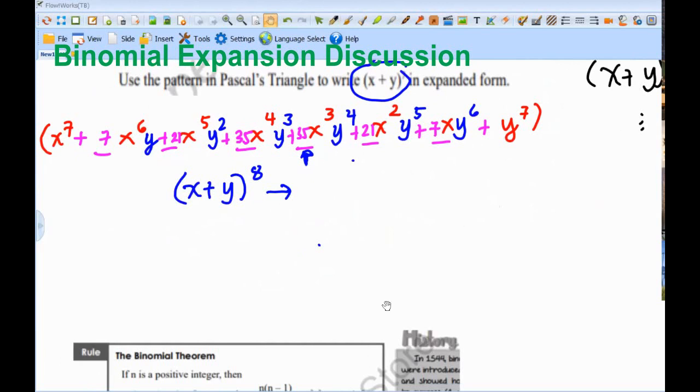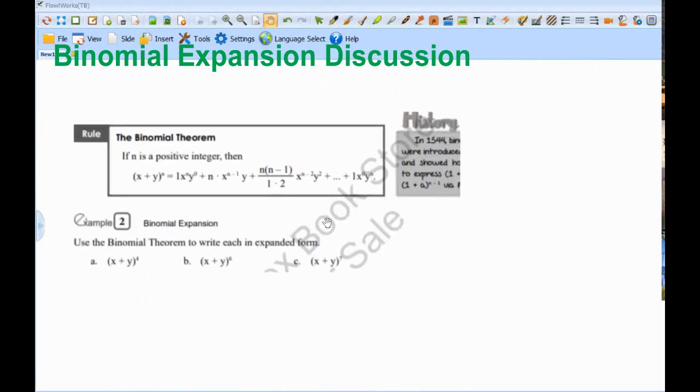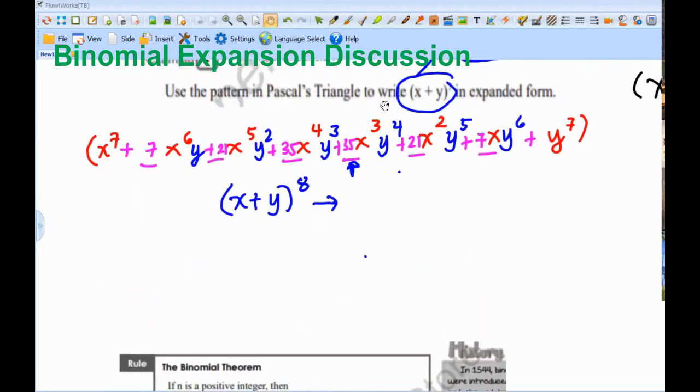So we are going to use the formula. Let us try the formula that's given in our book. So to get the value, n minus 1. Okay, so let us try this.